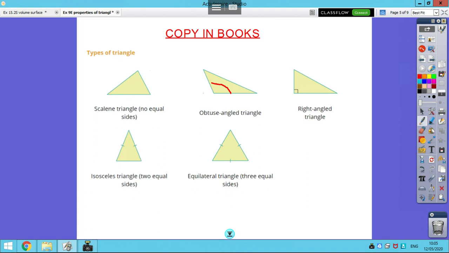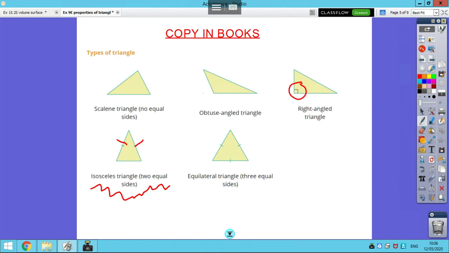Your right angle triangle will always be given with the little right angle box. Okay, so you'll always know the right angle triangle has a little box in the corner. An isosceles triangle, this is the triangle that most people can't really get. Your isosceles triangle has two equal sides, and the two equal sides are shown with those two little lines.